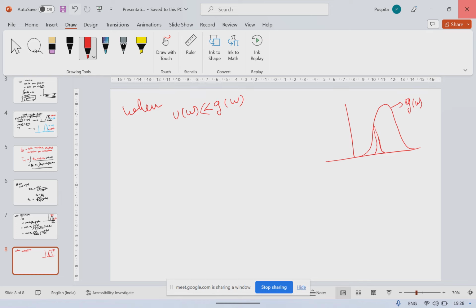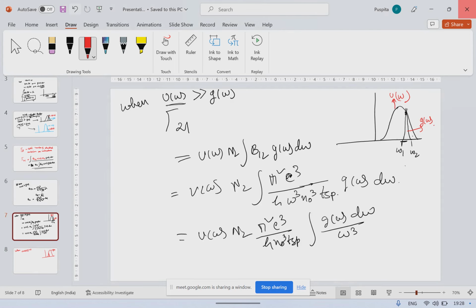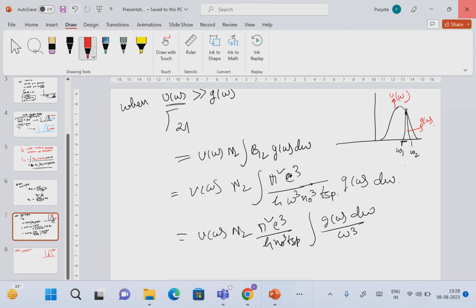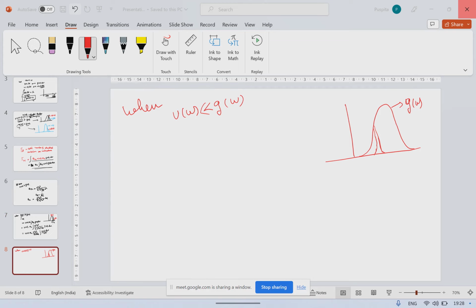I am drawing U omega on the left side of the diagram, but in this diagram, G omega and U omega can interchange. That is possible, nothing else.